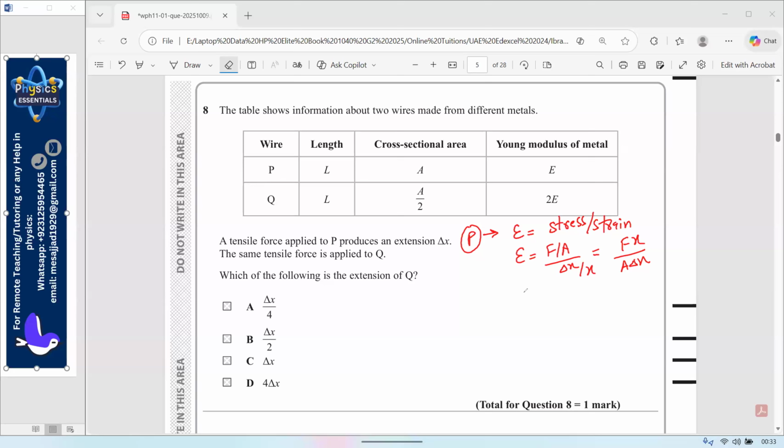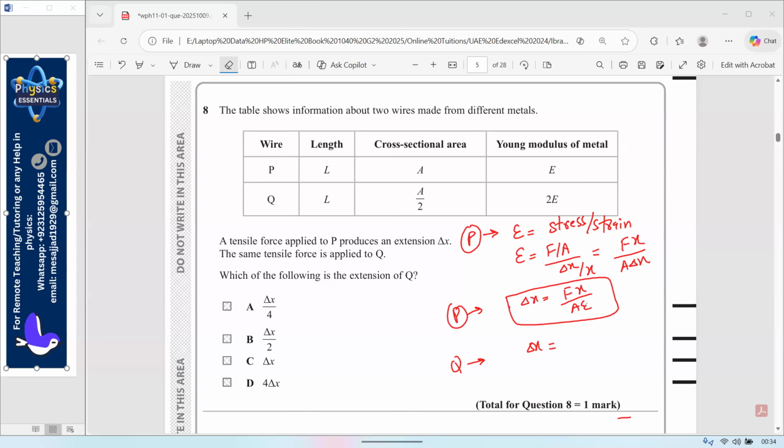So from here the extension will be F x A E. That is for P. Now what about Q? When you talk about Q, you have the Young modulus as 2E, and the area is A by 2.